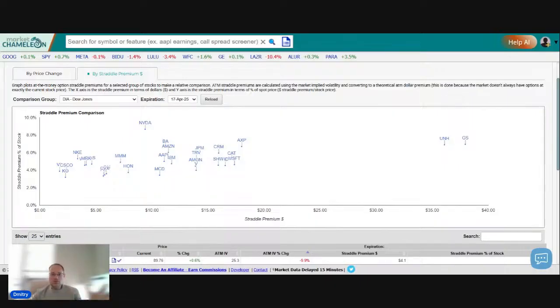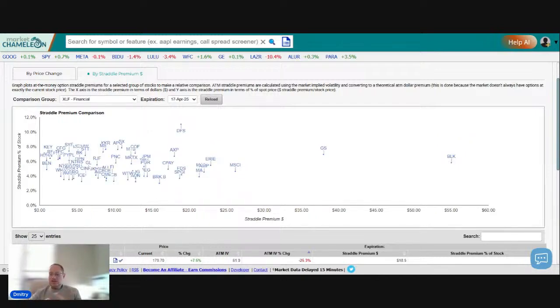Let's say instead of Dow Jones, we pick the financials. It's a bigger group, XLF, but here we see the ones with the lowest costs, either in dollar terms or percentage, and the highest costs, and where they cluster, and which ones are outside this cluster.